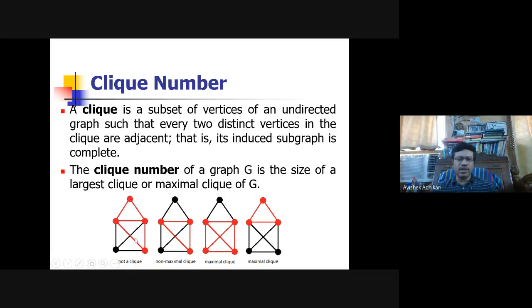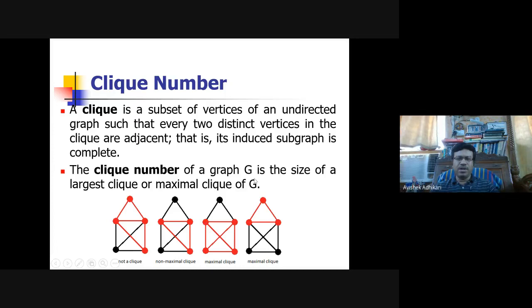If I consider the red marked one, then that is not a clique. If I had this as an edge, then certainly that would be a clique. Here, this is a clique, but not a maximal clique. Which will be the maximal clique? This is the maximal clique. Here, this is a maximal clique.